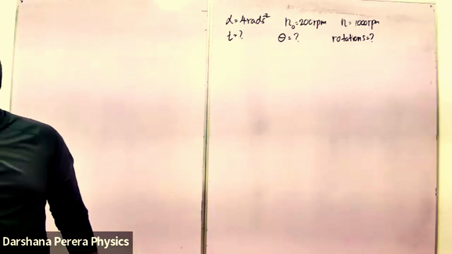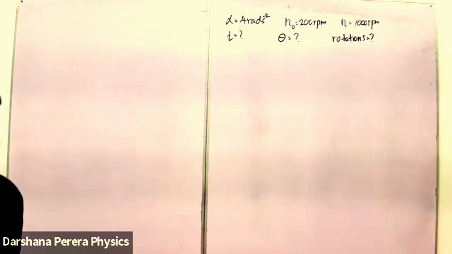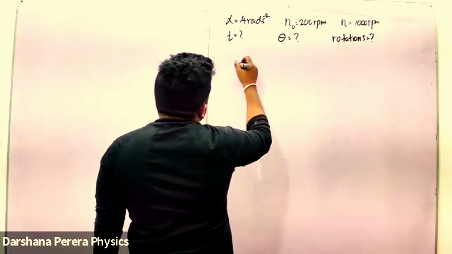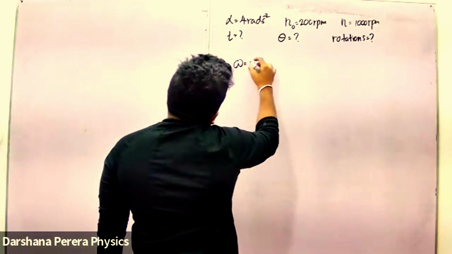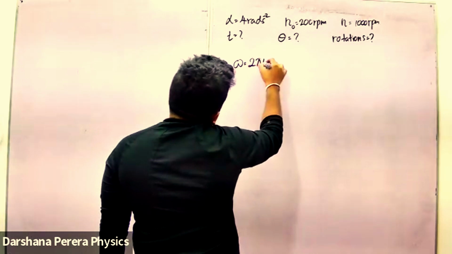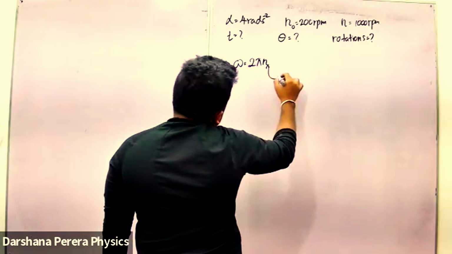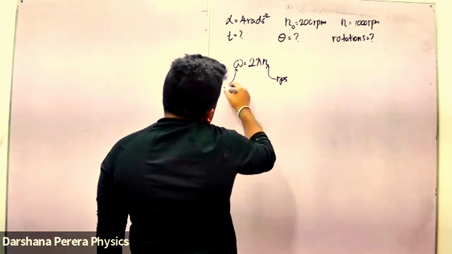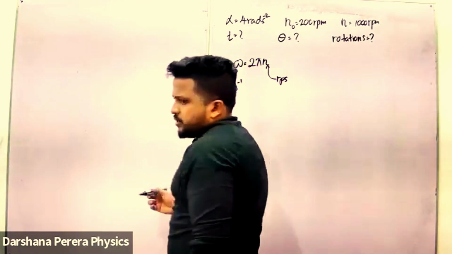Okay. First we convert the n values to the omega values. How to change the n values to the omega values? Omega is the rotational speed, so we use omega equals 2 pi n. When n is in RPS, we get omega in rad s⁻¹.